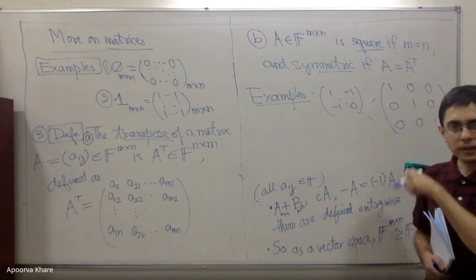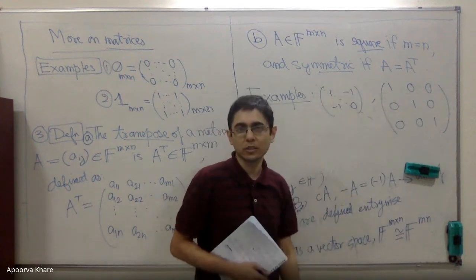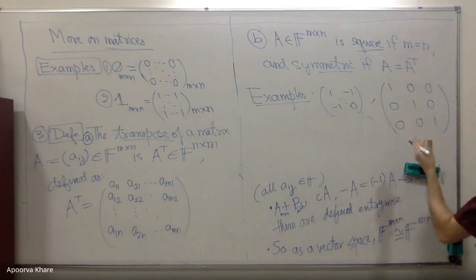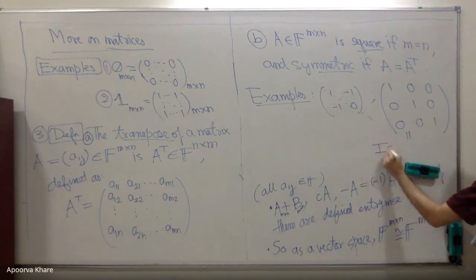Here's another curious matrix, which is only made up of ones and zeros. That's a very nice looking matrix. It has ones on the main diagonal, zeros elsewhere. Let's remind ourselves what this is called. This is called the identity matrix.